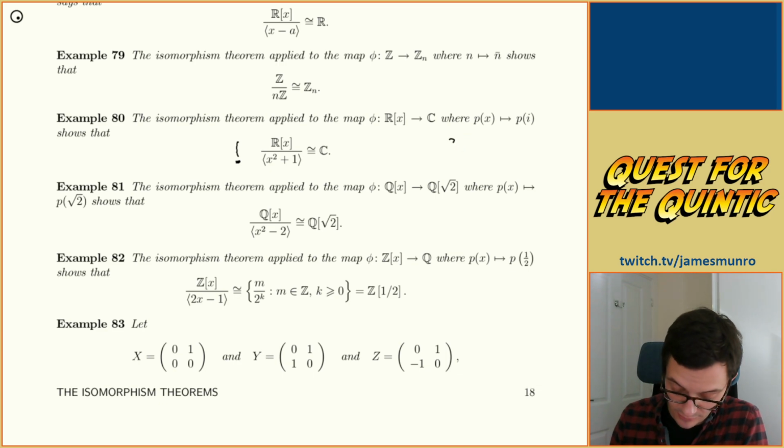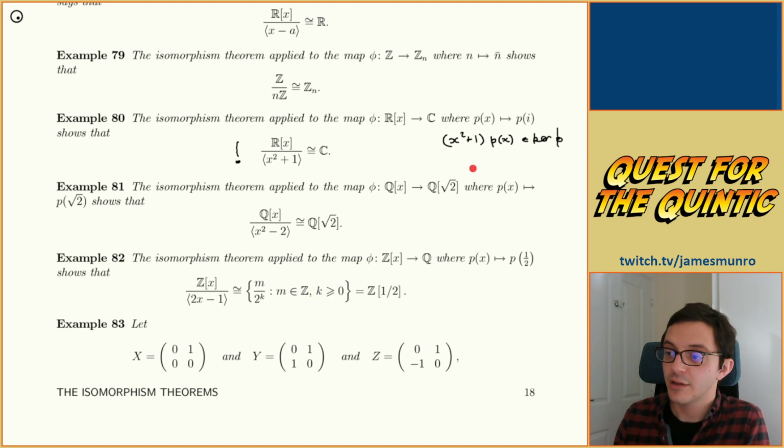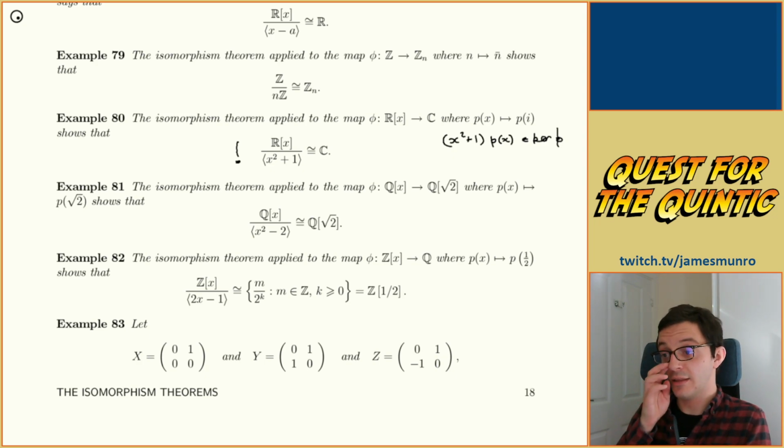Anything with a factor of x squared plus 1 is going to be sent to 0 under this map, so it's in the kernel. The kernel of phi is the ideal generated by x squared plus 1, a principal ideal. If you quotient by that kernel, then you get the complex numbers.